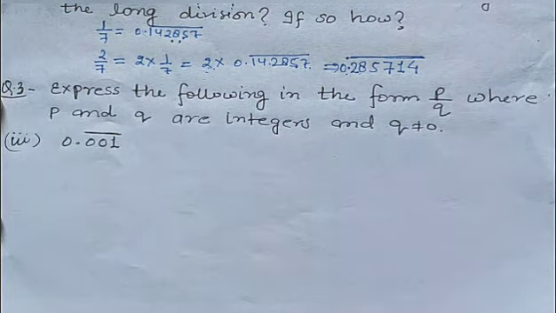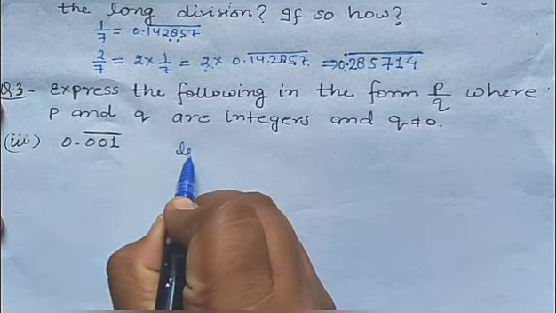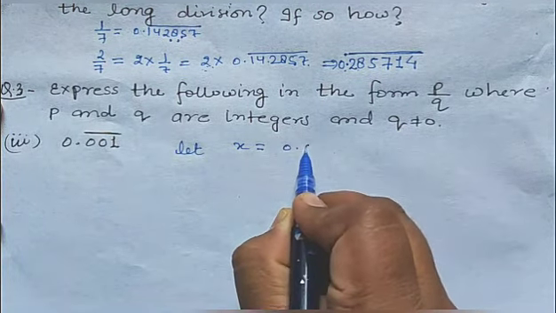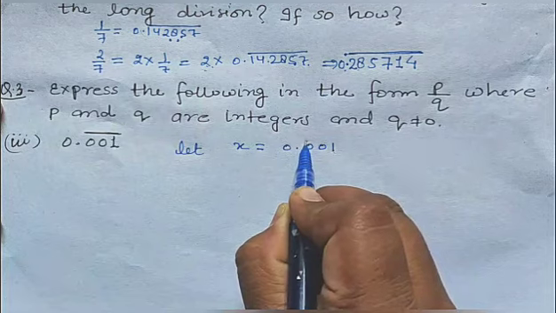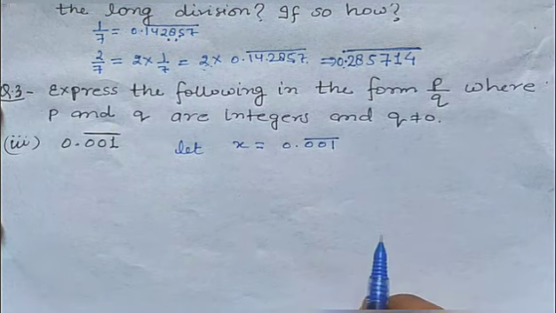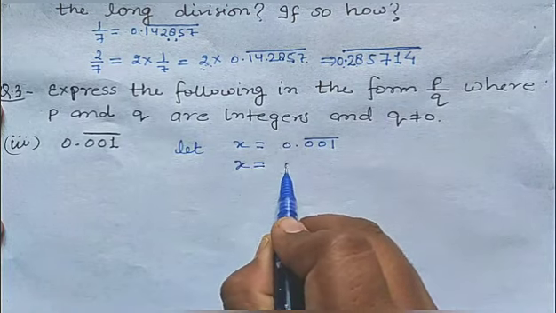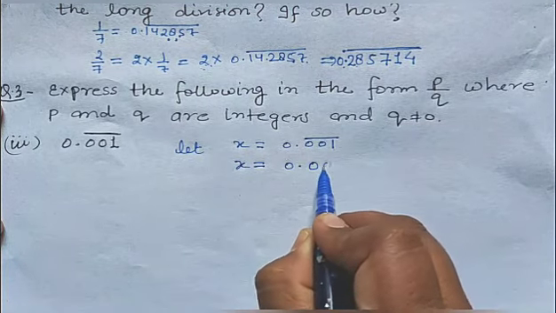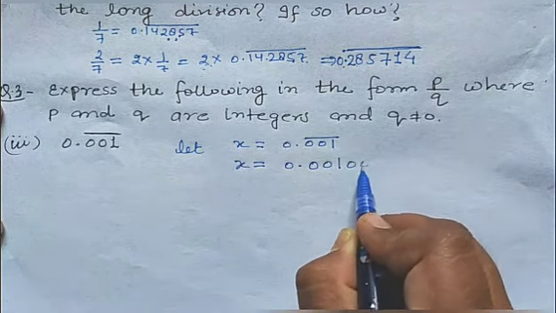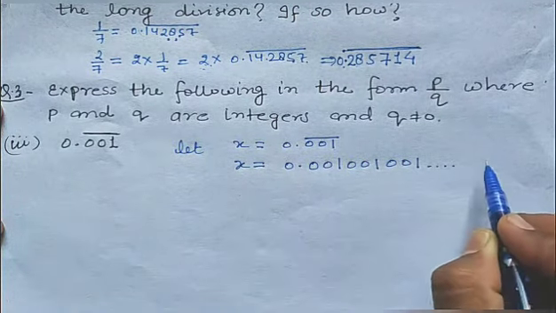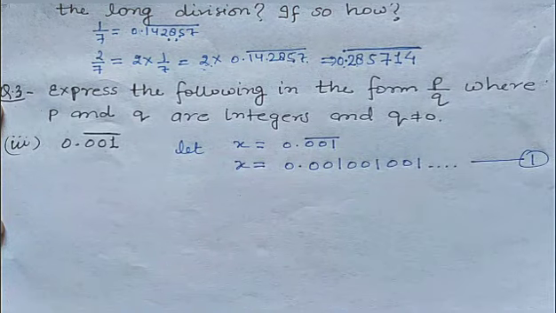So suppose let x is equal to 0.001 bar. So 3 digits are getting repeated. Firstly you have to write it in decimal form, like 0.001001001, and so on. Suppose this is your equation number 1.